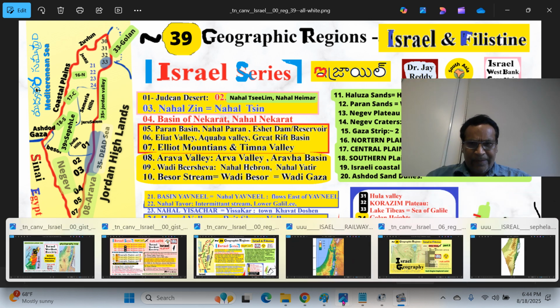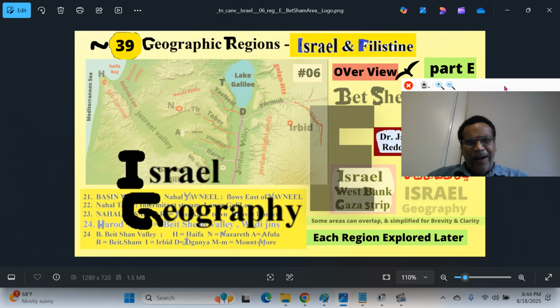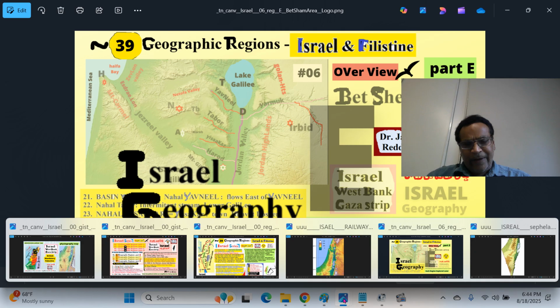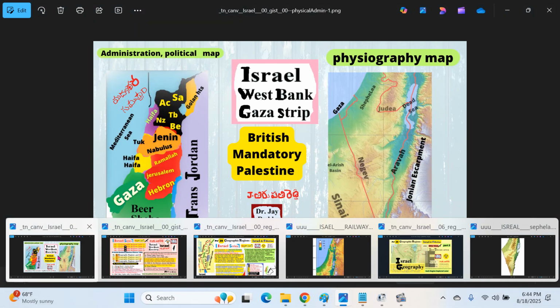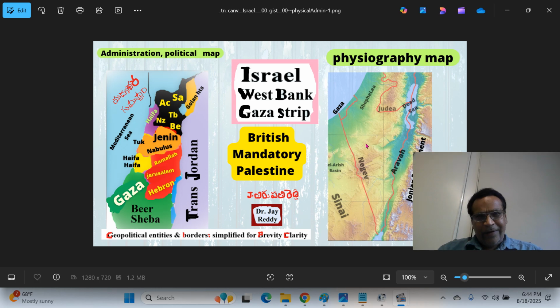I will give you a broad overlook of this area, and later I will take you to the geographic maps and physiographic maps, where you will appreciate how beautiful and important the region is. The difference between standard administrative maps and physiographic maps is that physiographic maps show a particular habitat or terrain.